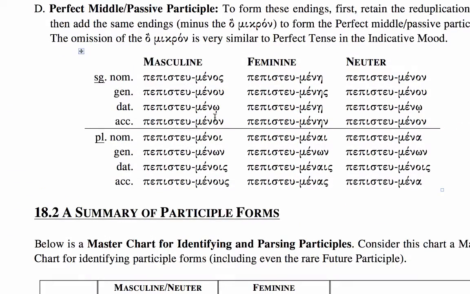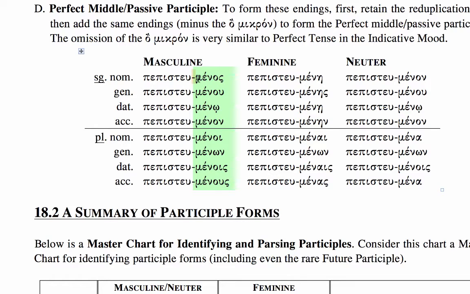The perfect middle passive formation is similar in pattern. Notice that there's no coupling vowel here. You just have this tense suffix syllable. This is characteristic of the middle passive perfect formation. If you look at the indicative mood, there was no coupling vowel at all, and so the endings were just abutted right onto the end of the verb.